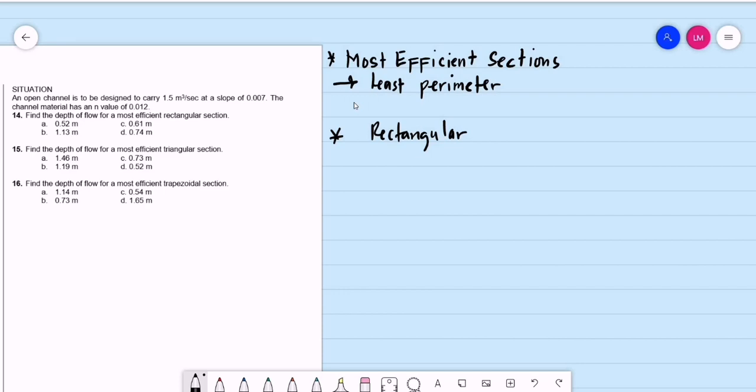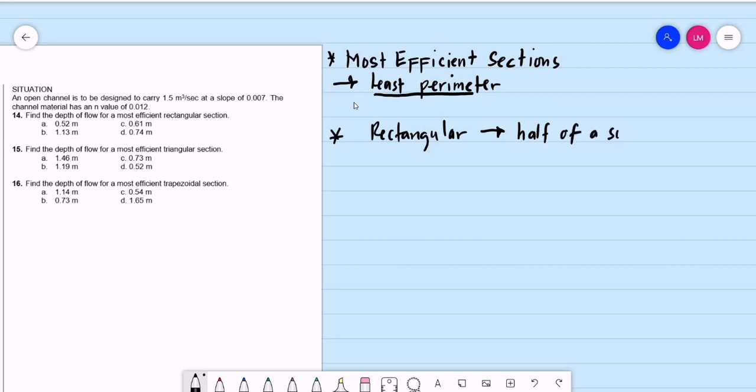Since this is a least perimeter problem, we can apply minima from calculus. But for the board exam, we have a shorter approach: we assume that most efficient sections are half of a regular polygon. So for a rectangular section, we assume half of a square.